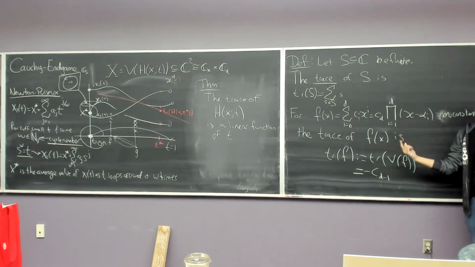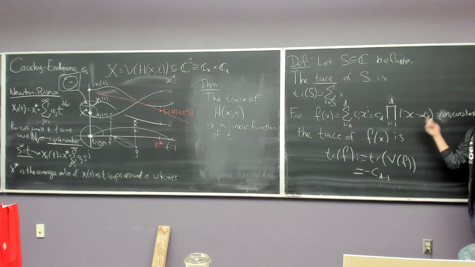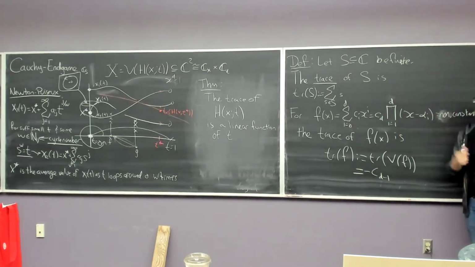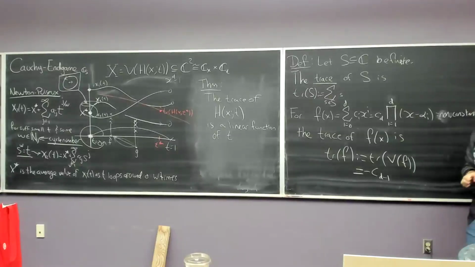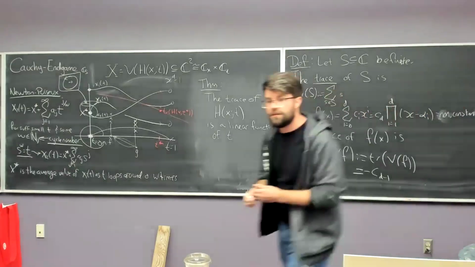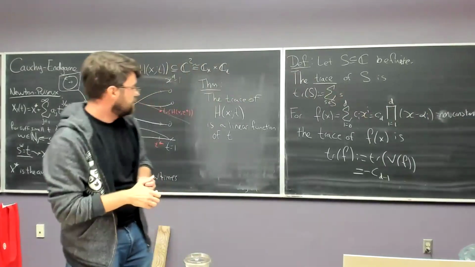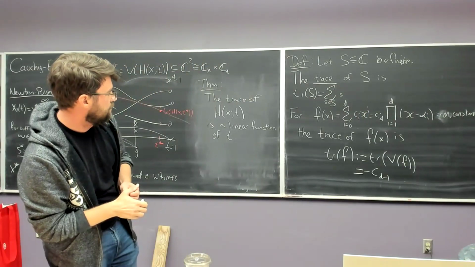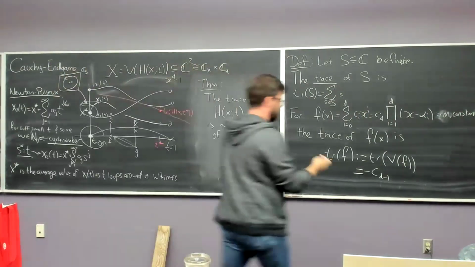Everything else gets an x. So you're picking up negative alpha i times x to the d minus 1 for each of your alpha i's. Divided by c sub d? Oh my gosh.